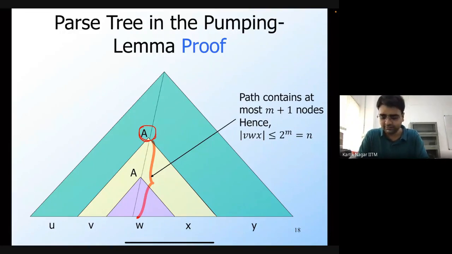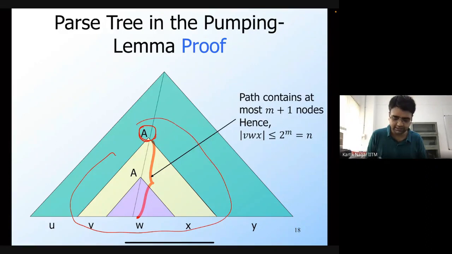So that's why we have this constraint: the length of vwx is less than or equal to n. Because there are only m levels in this particular tree, at the end I can have the length at most 2 to the power m.